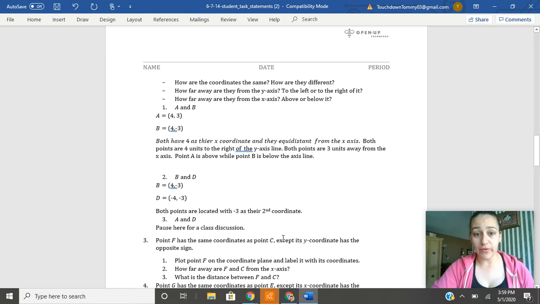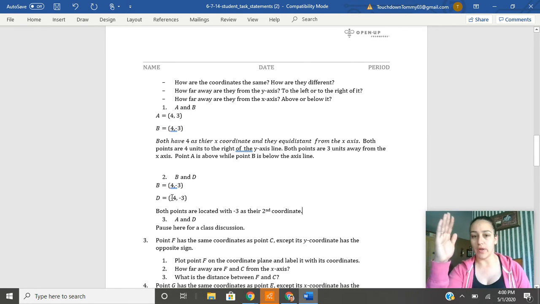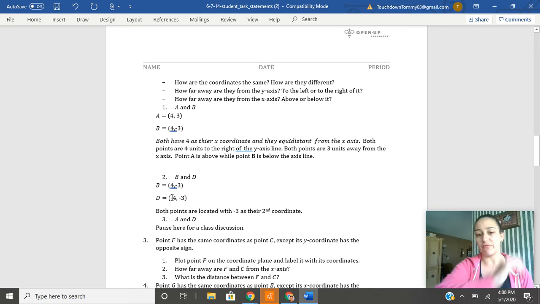How are they different from one another? Well, their first coordinate, their x coordinate, we've got a +4 and a -4. So whether we're going to the right or to the left is going to be different there.